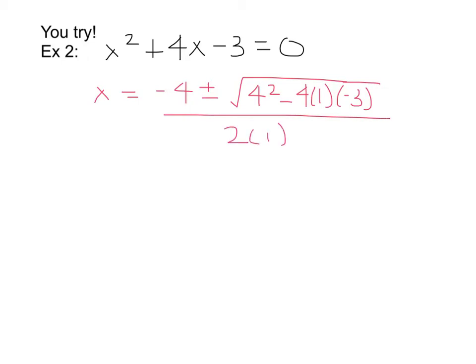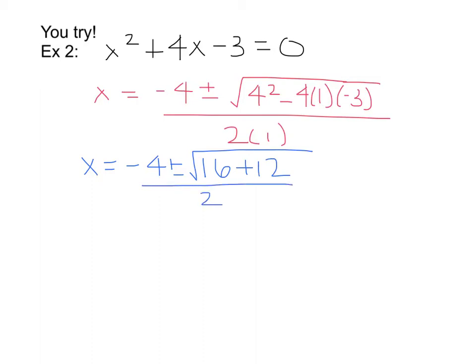Okay, now let's go on simplifying. X equals negative 4 plus or minus the square root of 16, and then negative 4 times 1 times negative 3 gives me positive 12, divided by 2. Let's combine like terms. Negative 4 plus or minus, and then 16 plus 12 gives me the square root of 28 over 2.